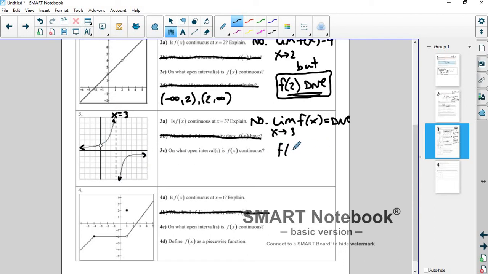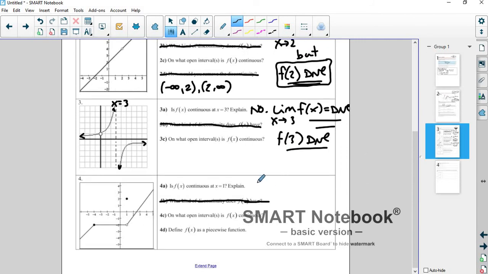All right. F of 3 also does not exist. So there's 2 reasons, and then clearly they can't be equal to each other. If they both don't exist, they're not equal, right? That doesn't make any sense. Okay. And finally, number 4, is it continuous at 1? No. Why not? Well, the limit as x approaches 1 is going towards this hole down here at -2.